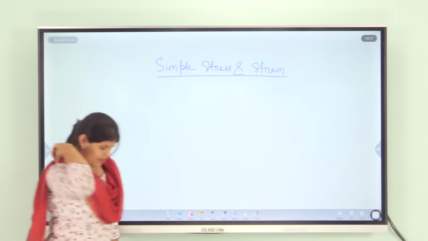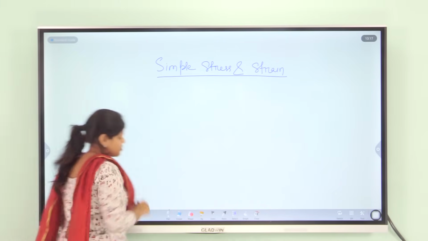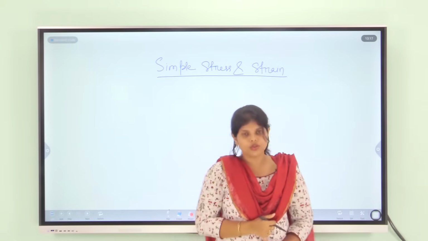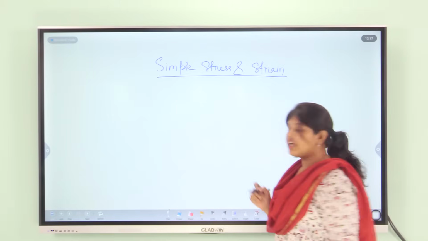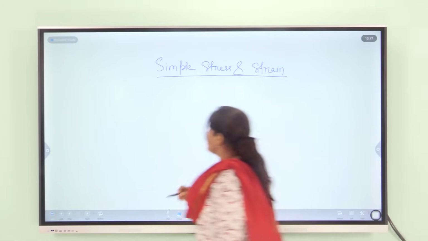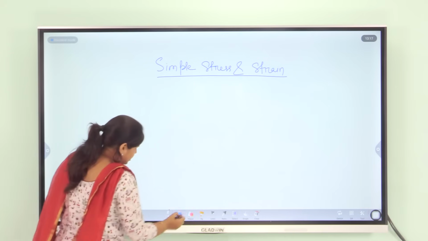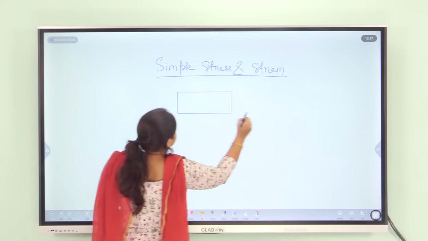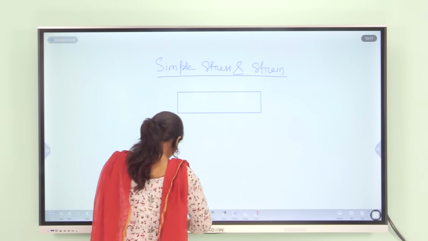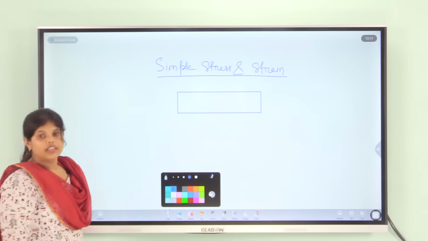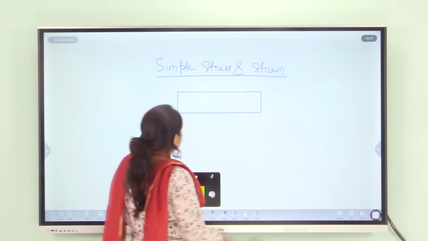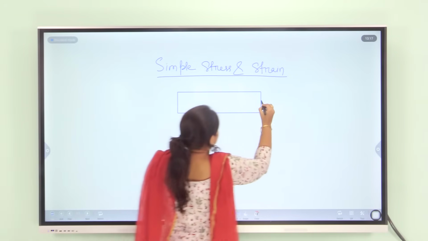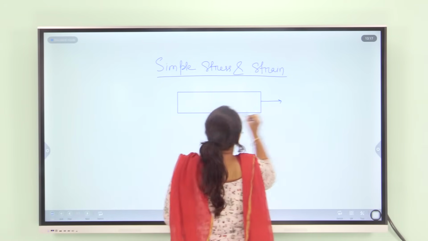Okay. To know simple stress, we have to know about a prismatic body. So, what is a prismatic body? A prismatic body is a structure in which all the cross sections are the same.